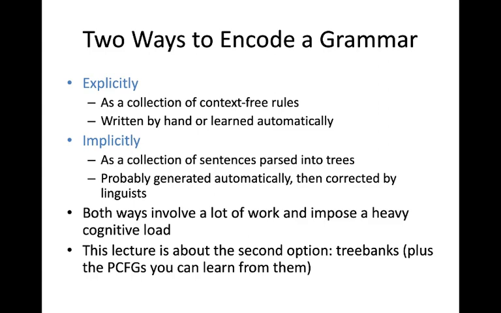So how this usually works is you have a heuristic kind of parser that goes through and generates parse trees for all of the sentences in the corpus. And then some poor beleaguered graduate student in linguistics probably goes and fixes each of those parses, so that it fits the tests for constituency.